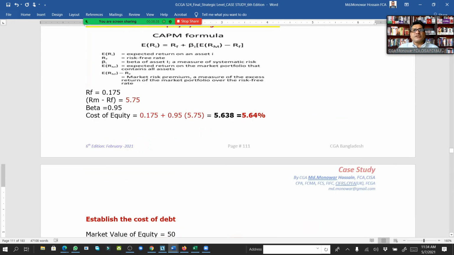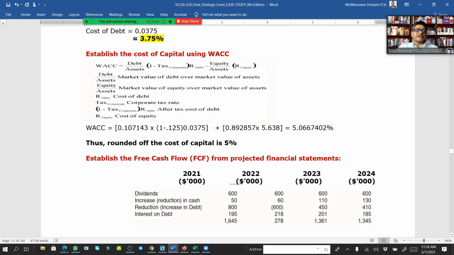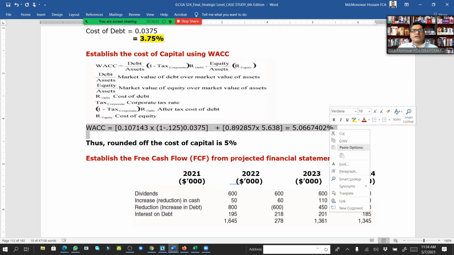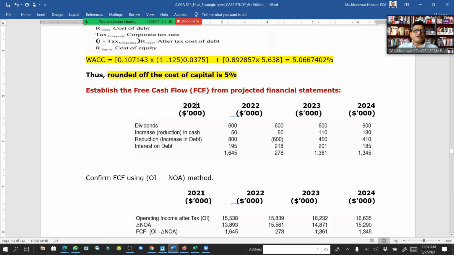In the same way, here we calculate the weighted average cost of capital. We have the cost of equity and now the cost of debt, so we have to calculate the weighted average cost of capital. Here we calculate 5.06%, and you can also say just 5%, rounding off, is the weighted average cost of capital. Now establish the free cash flow from the project finance.